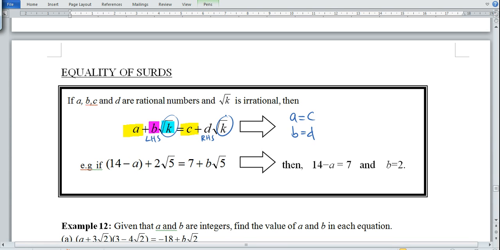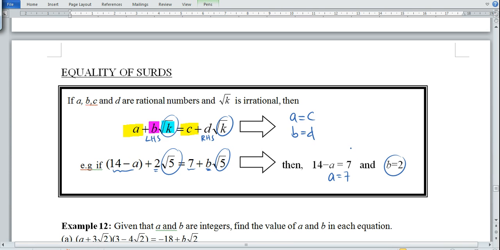For example, if I have 14 minus a plus 2 square root 5 equals 7 plus b square root 5, because the square roots are the same, I can see that b is 2, and 14 minus a is equal to 7, and hence I can solve a to be 7.